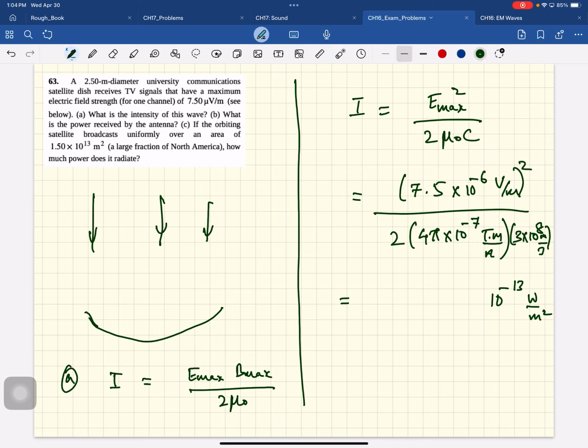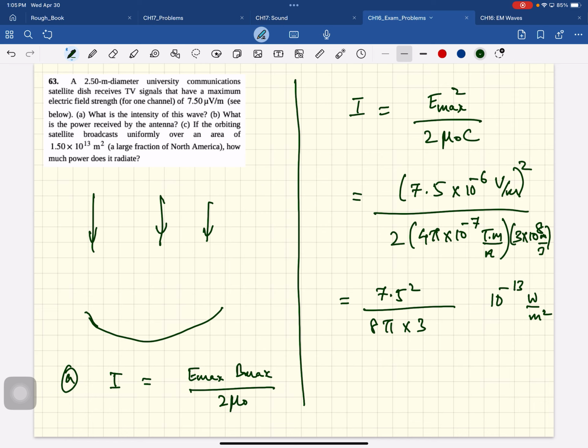Okay, and what do we have? 7.5 square, 8 pi into 3, 12 minus 5, minus 13.